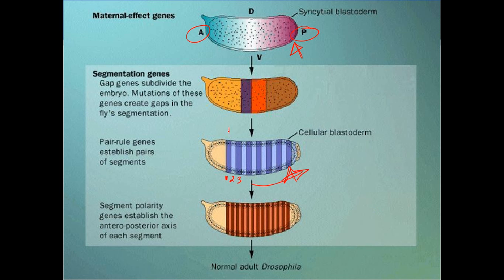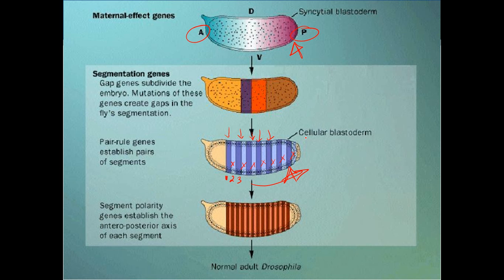So all the odd segments are controlled by a certain set of genes. And then all the even segments, which are the light blue ones, I'm going to put X's on those, are controlled by another set of genes. And so together, this collection of genes is called the pair rule genes.